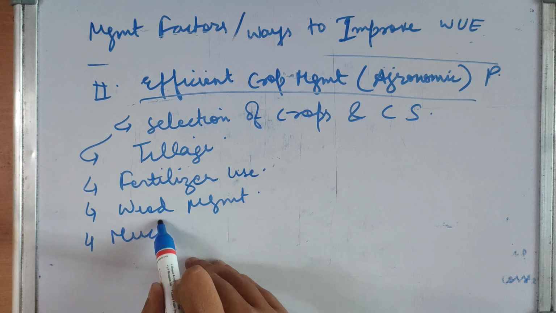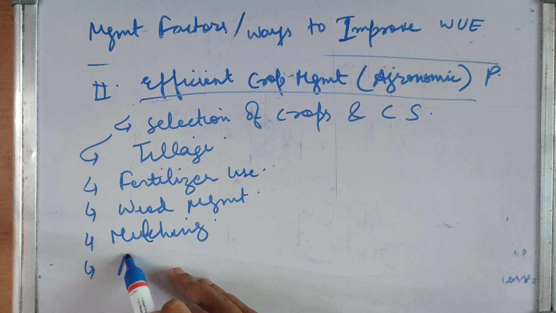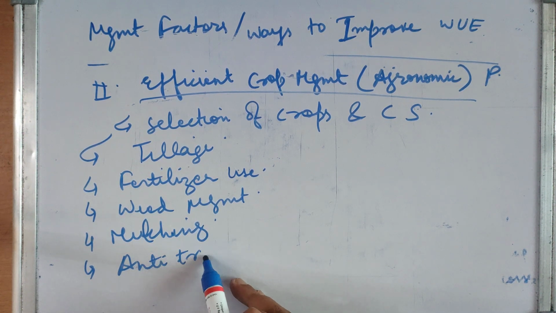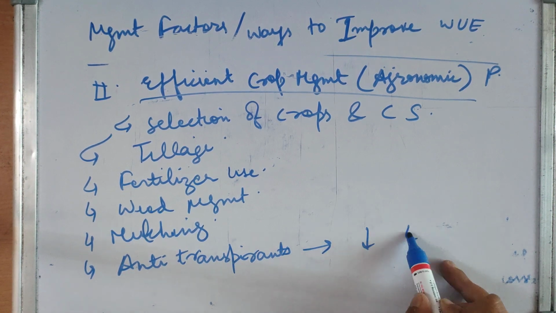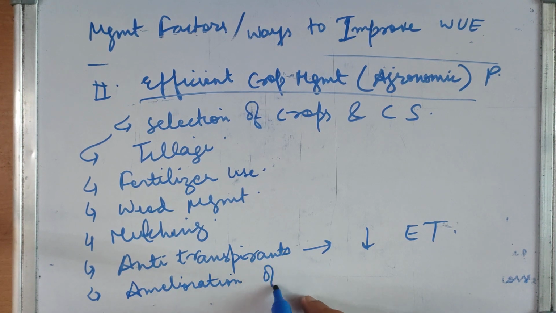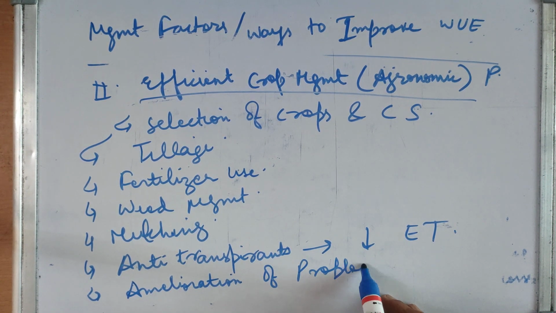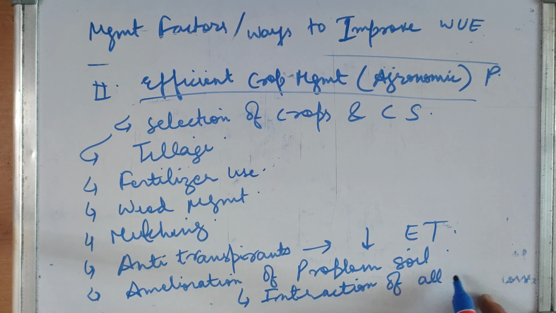mulching, as I have discussed just earlier, use of anti-transpirants that will reduce evapotranspiration or transpiration, amelioration or reclamation of problem soils, better interaction of other inputs or all other inputs.